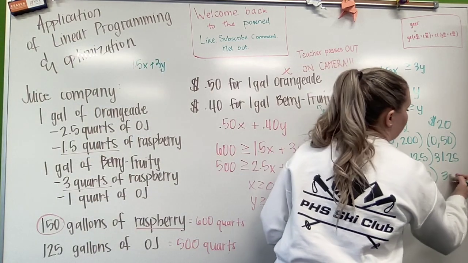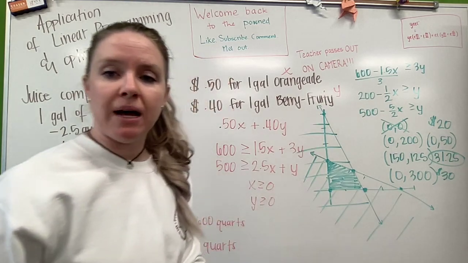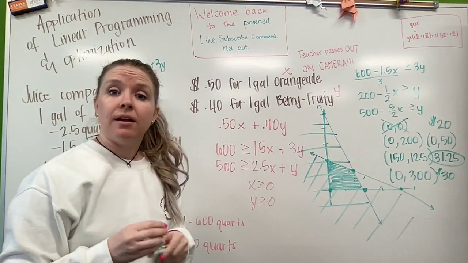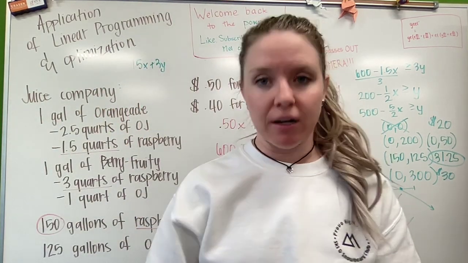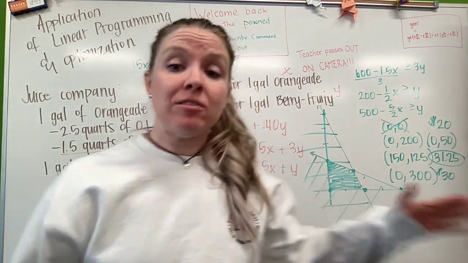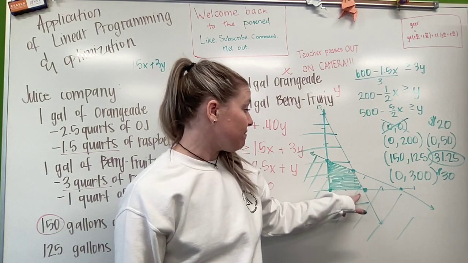And here we're going to get 30 bucks. So here we're going to get our most money if we make 150 quarts of orangeade and 125 quarts of berry fruity. Okay, so again, we have to be very, very cautious here when we're finding those points, making sure we're getting those right values.